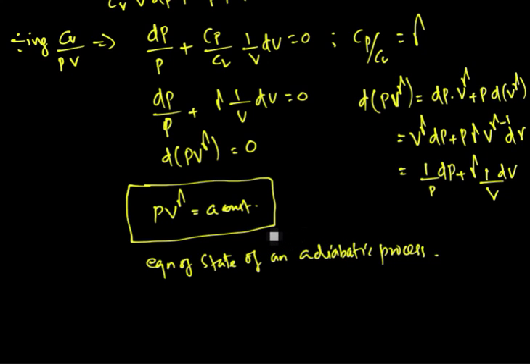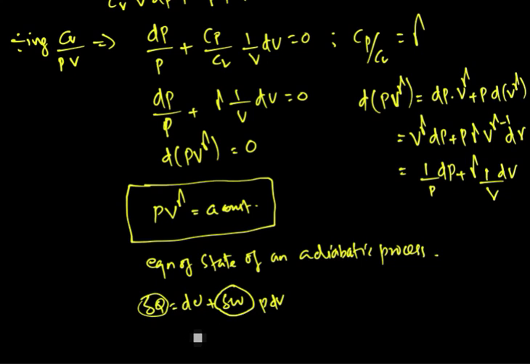It actually started from the equation del Q is equal to dU plus del W, where we substituted P dV for del W because we assumed that the gas expands by using its internal energy, doing an external work P dV, and for an adiabatic process del Q is equal to 0.